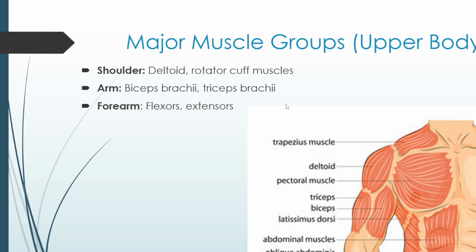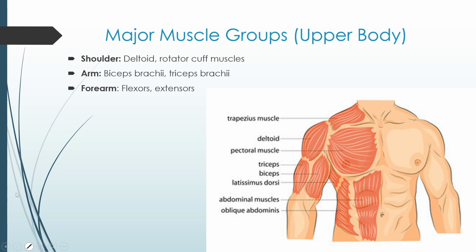The regions covered here are the shoulders, so deltoid and rotator cuff muscles, all of these regions you can see here. The arm has biceps brachii and triceps brachii. The forearm has flexors and extensors, which you can see in these regions.